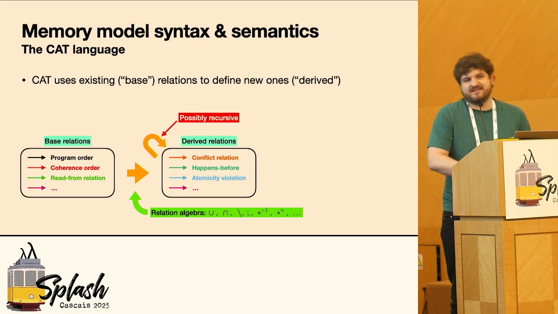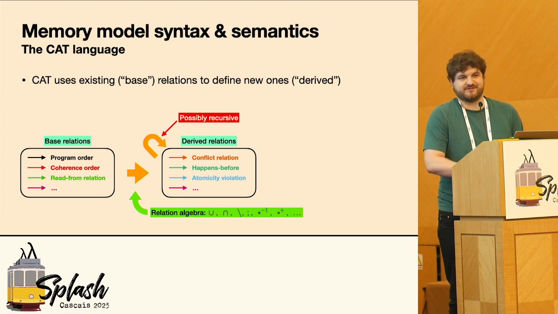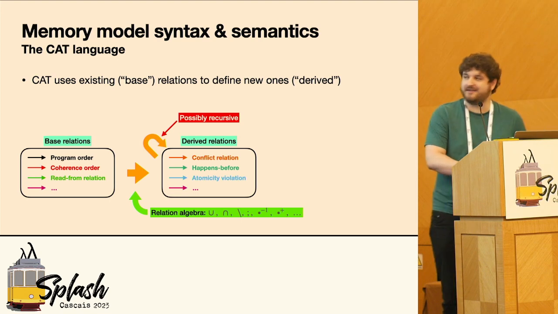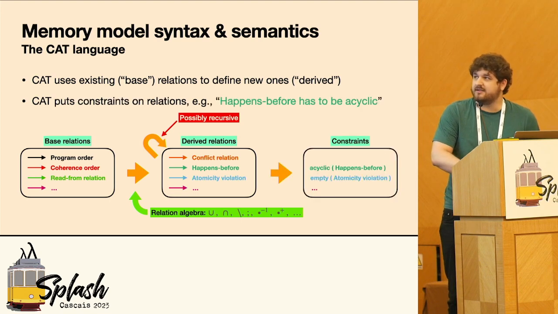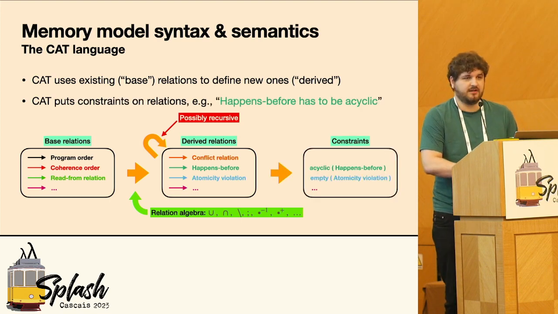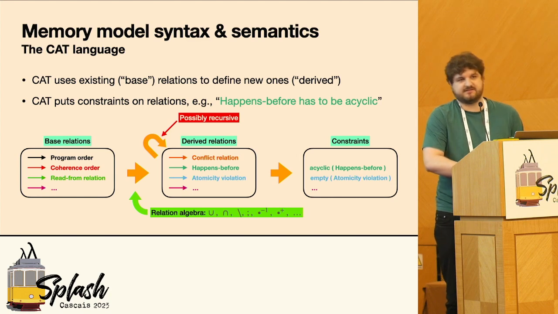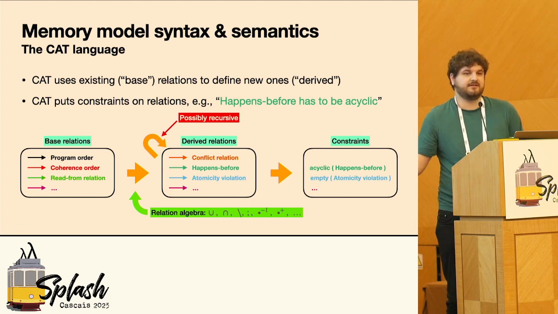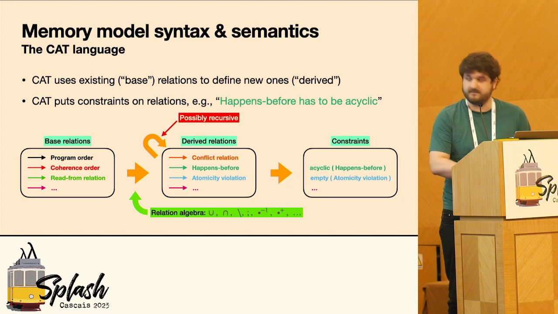One problem is that you can also introduce recursion, so you can get nasty relations there. And lastly, you can formulate constraints on these relations, such as some relation has to be acyclic. If this constraint is not satisfied, then the execution is invalid with respect to the memory model. It's not consistent with the memory model. That's the idea.